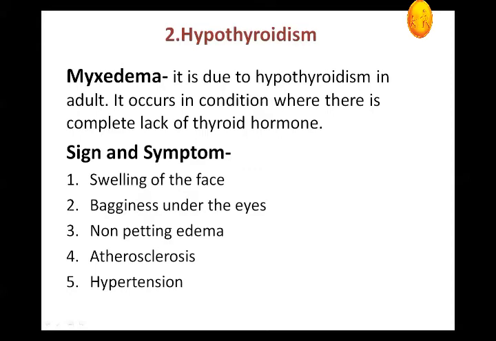Atherosclerosis is deposition of cholesterol in both arteries as well as veins. Vessel means artery as well as vein. Deposition of cholesterol in the vessel wall is called atherosclerosis, and arteriosclerosis means deposition of cholesterol in arteries only.